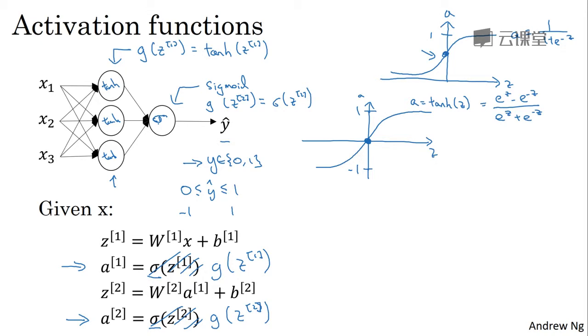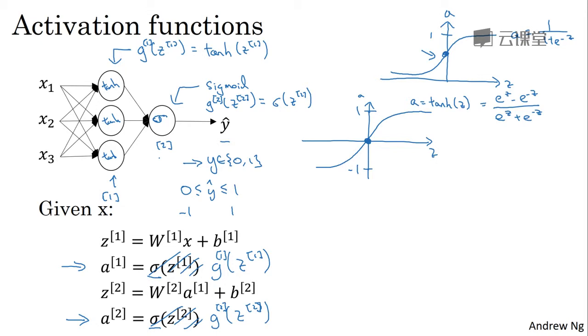And sometimes to denote that the activation functions are different for different layers, we might use these square bracket superscripts as well to indicate that g of square bracket 1 may be different than g of square bracket 2, right? Square bracket 1 superscript refers to this layer, and superscript square bracket 2 refers to the output layer.